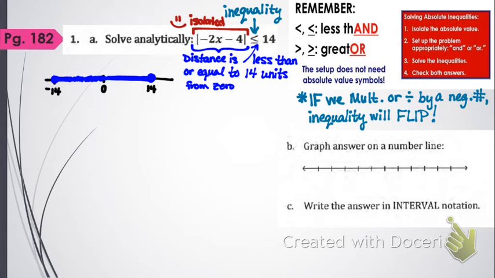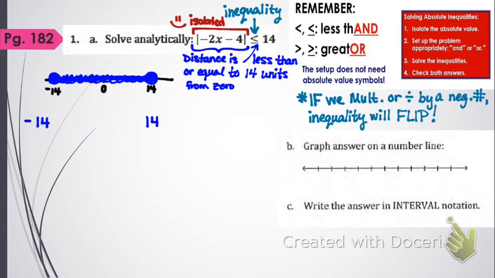There you go. So I can be here or here or anywhere in between those two, right? That all meets the criteria. So those are my boundaries for my inequality. Negative 14, positive 14.